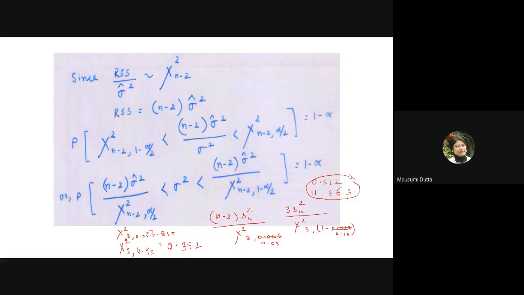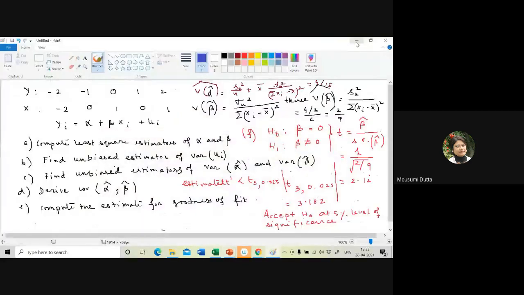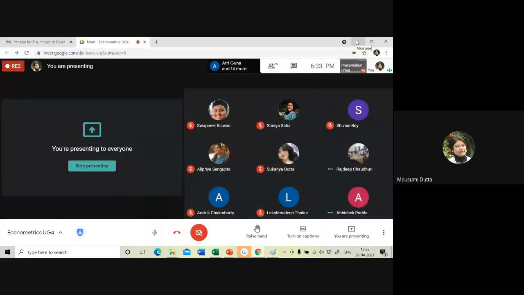So I hope you will be able to do all the problems based on this kind of thing. Since you do not have the book with you, I'm reading the first problem. You will find that in Maddala, in the two variable chapter, the first problem is basically based on definitions.